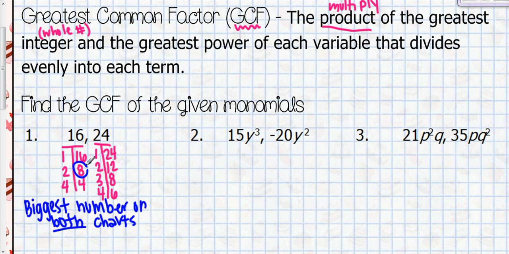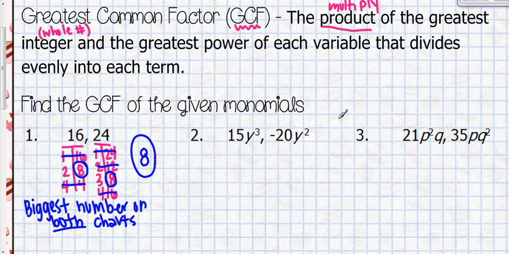Oh, look, 8 appears in both of them, and it's the biggest that I have. So I'm going to cross out all my other things, and I know that the GCF of these two terms is 8. Okay, and I know we didn't have to go through all of that in order to figure out that 8 was the biggest number that divided into both of them, but it's going to help us when we look at something like number 2, where there are letters.